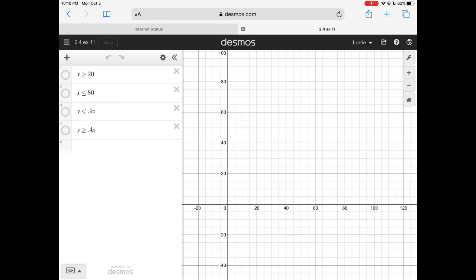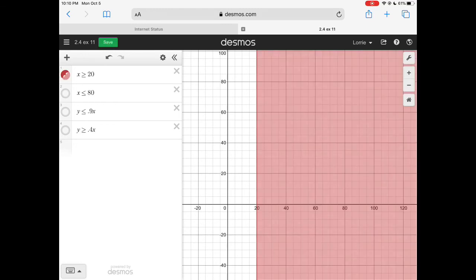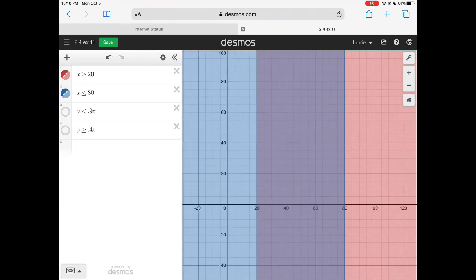Once we wrote all of our inequalities, we actually could have used Desmos to plot. I chose not to because it was pretty easy just to use the inequalities and plot it from there, but here we go. X is greater than or equal to 20, looks like that with the pink region. You can see that once we bring in the blue, X less than or equal to 80, we have closed off our graph vertically between 20 and 80.